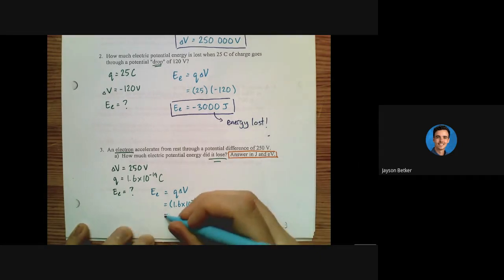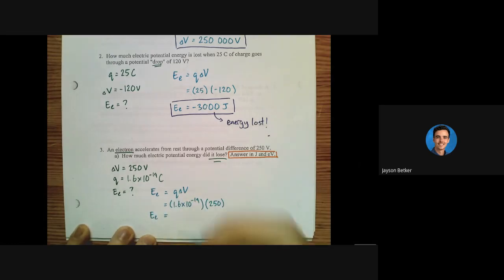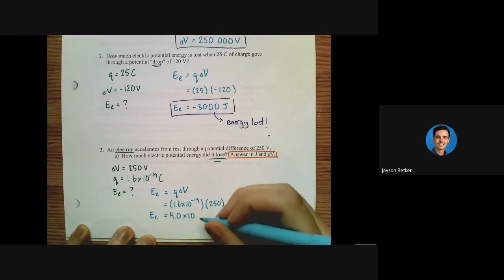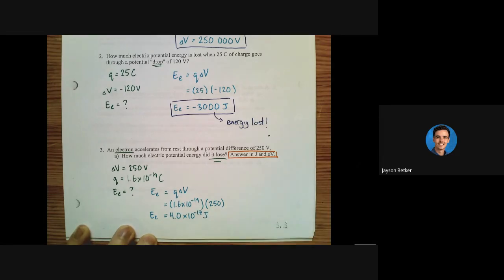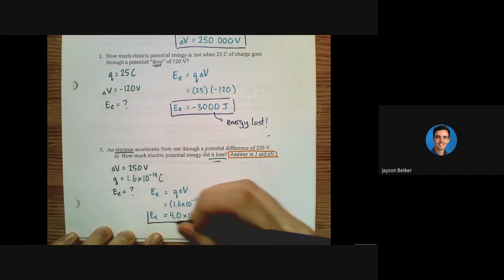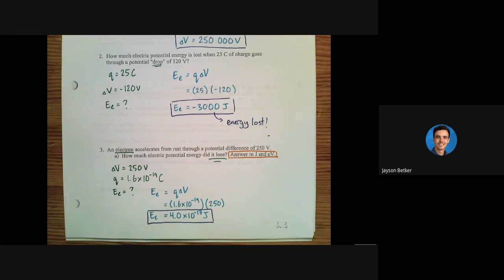That gives us an E_E of 4.0 times 10 to the negative 17 joules. Okay? So there's our answer in joules.